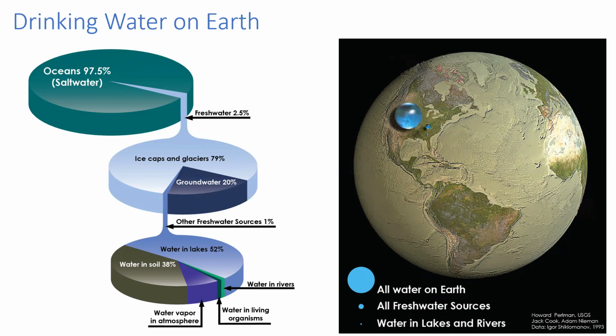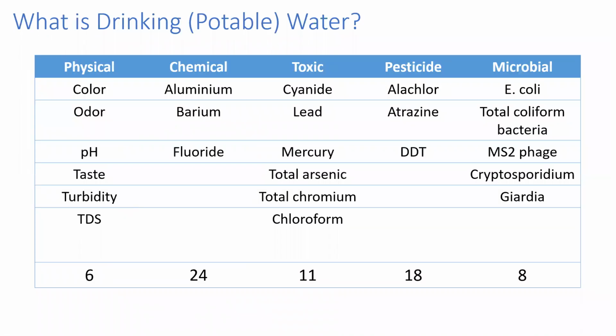When we say some water is drinking water, what is the parameter when we say this water is good for consumption? Generally, as human perception, we use three senses to qualify some water as drinking water.